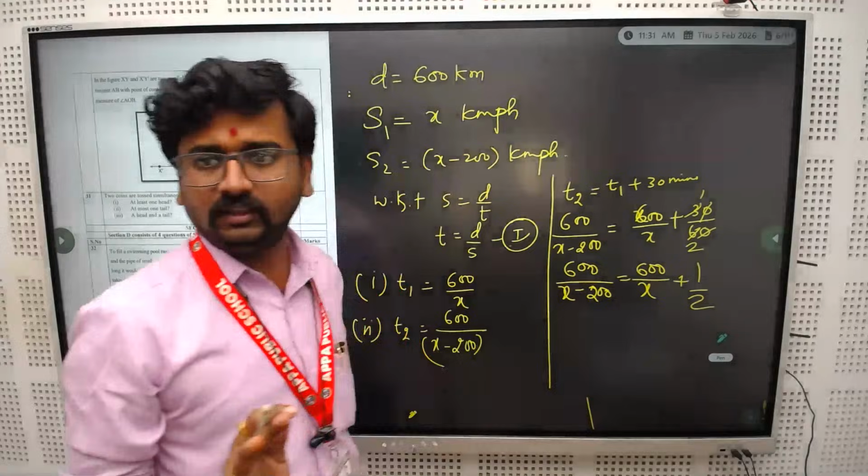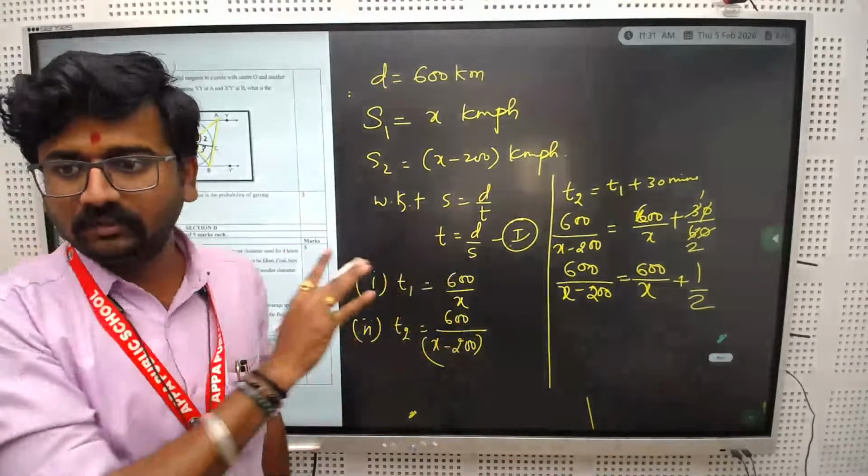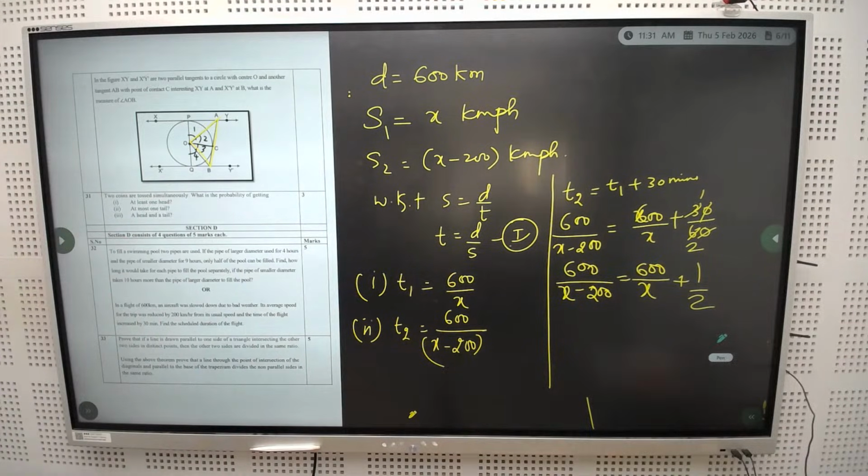Don't interchange anything. Again, it is a linear equation in one variable, like the last problem. Take the LCM. Tell me what the quadratic equation is. X square minus 200x minus 2,40,000.